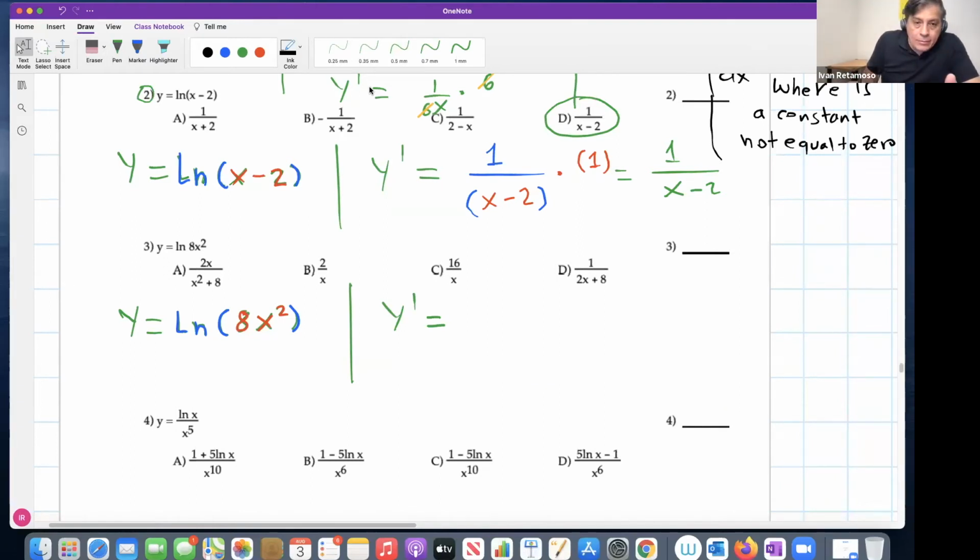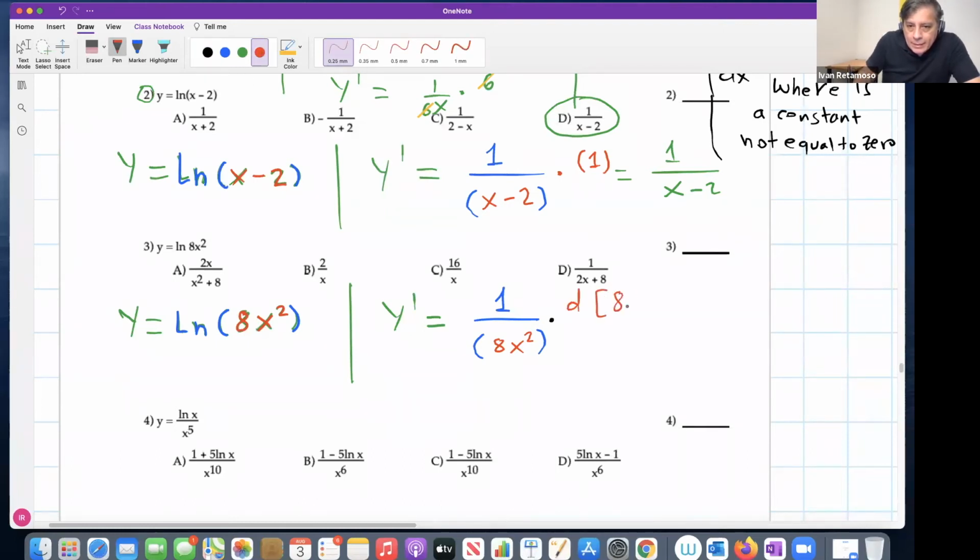And that together with the chain rule, right? So look, the derivative of the outside function is this 1 over whatever is inside the natural log, right? In this case it is this 8x squared. But that's not all, because the chain rule says that you then have to multiply this by the derivative of this guy.